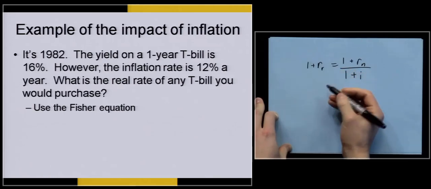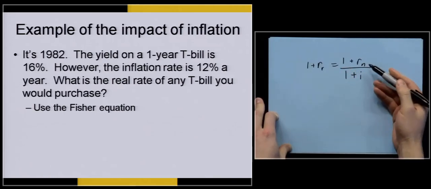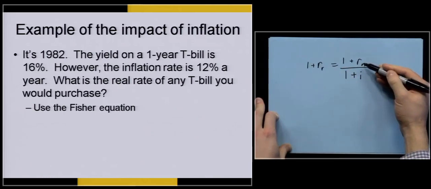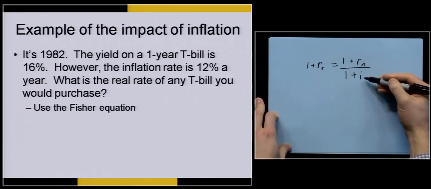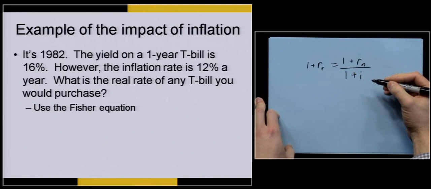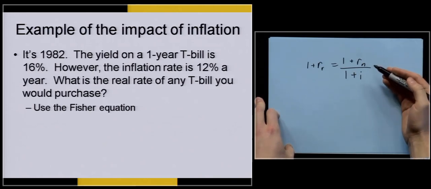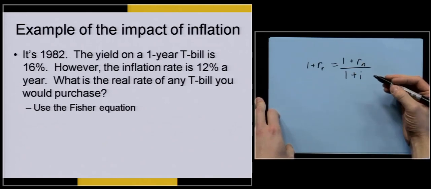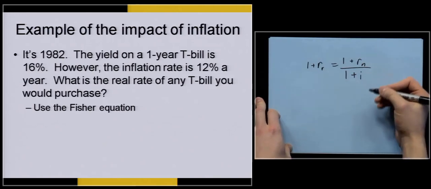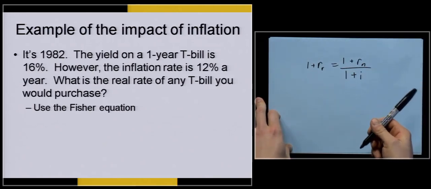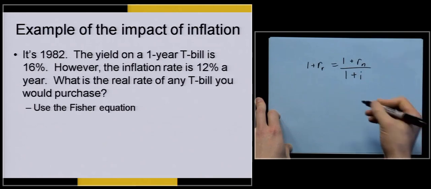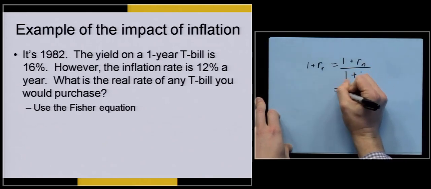What we can do to calculate the real interest rate is just plug in numbers for the nominal interest rate and our inflation rate. In this case, we know that the yield on the 1-year T-bill is 16%. Remember, any rate that you're quoted, unless it specifically says that it's a real interest rate, that's a nominal interest rate. So in this case, the rate that you're being quoted on the T-bill, 16%, that's our nominal interest rate.